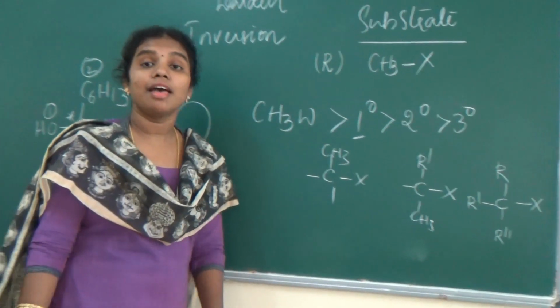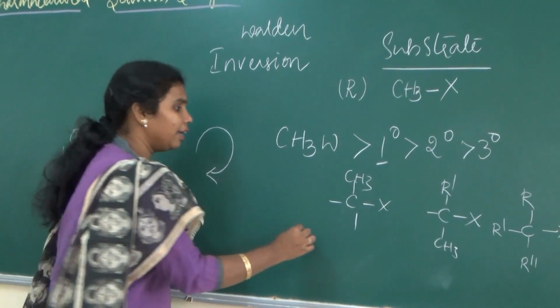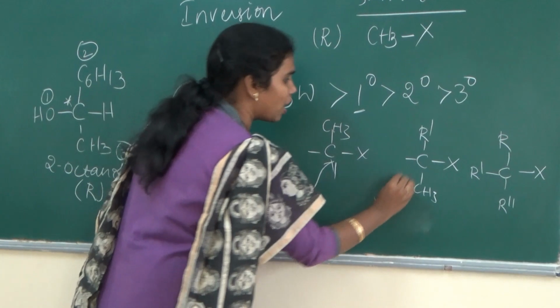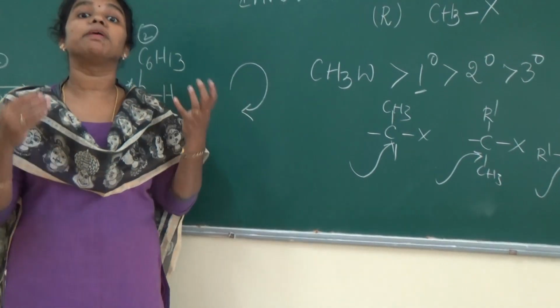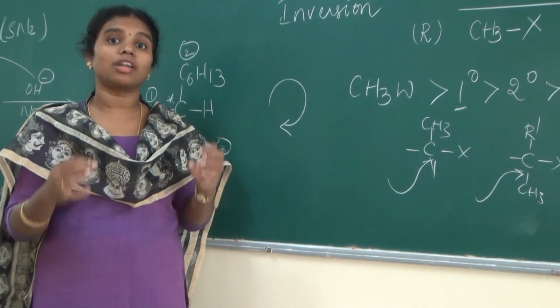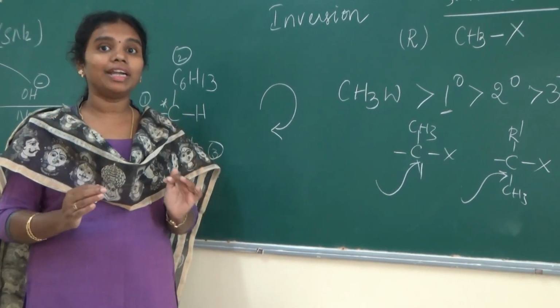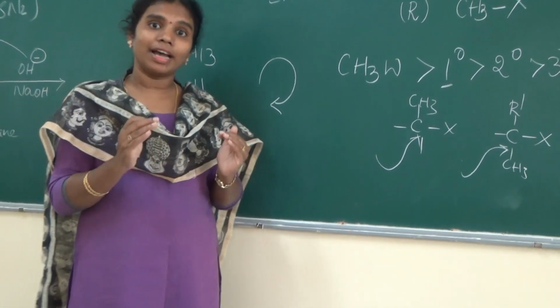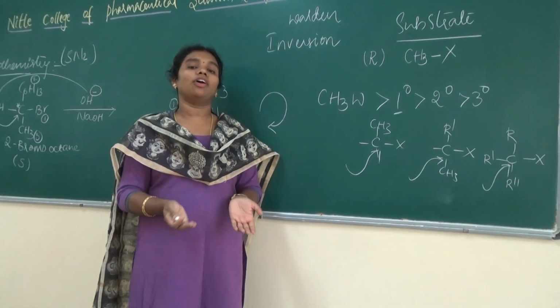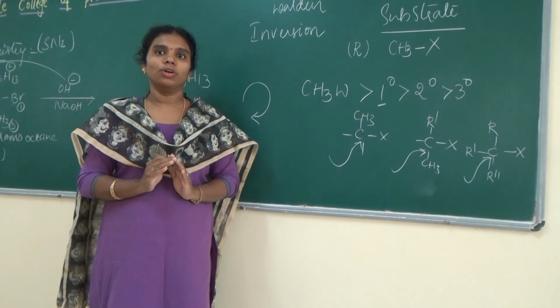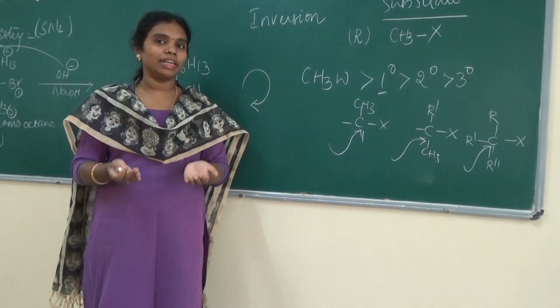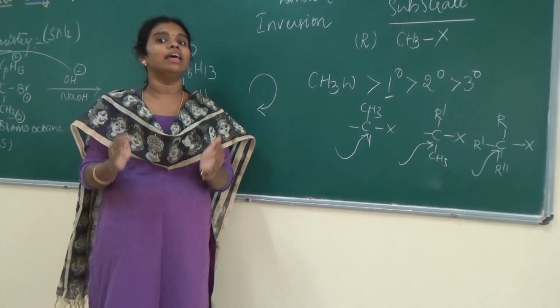So what happens when the nucleophile wants to react with this carbon center, because of the bulky groups, which means bigger groups? Crowdedness will happen. Because of that crowdedness, the nucleophile will be unable to react, or if it reacts also, the rate of reaction will be very slow.